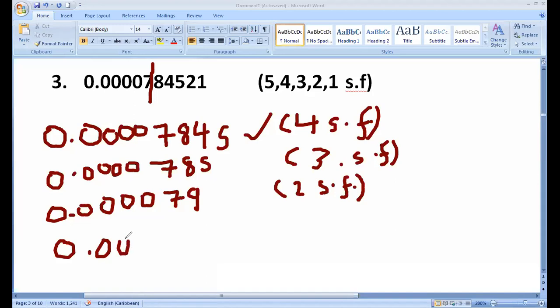Sir, two significant figures. How do you have a 9 when it is between the 7 and 4? Hold on. It's 7, 8. Oh, it's 7, 8. Yes, sir. I was confused a while ago.